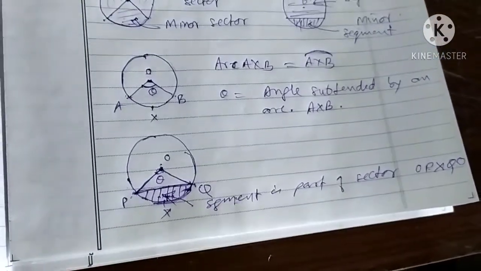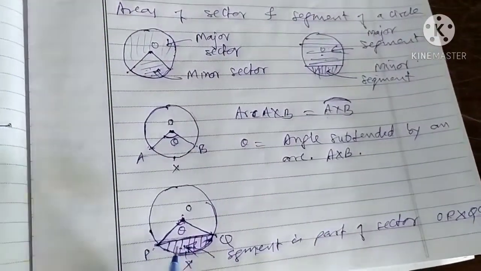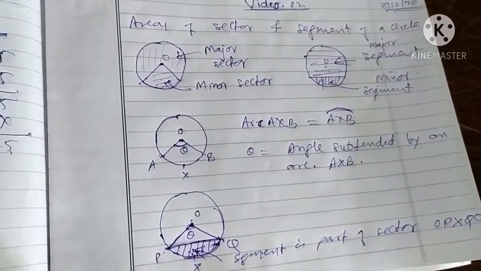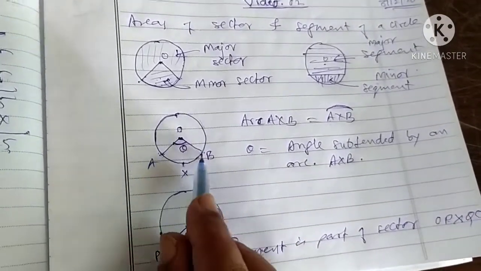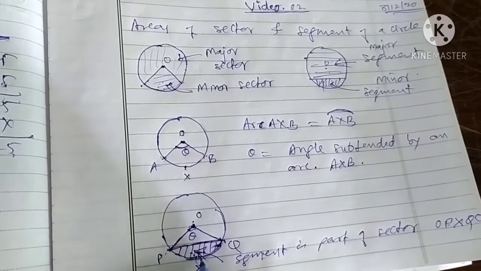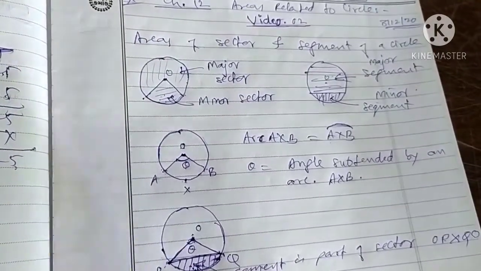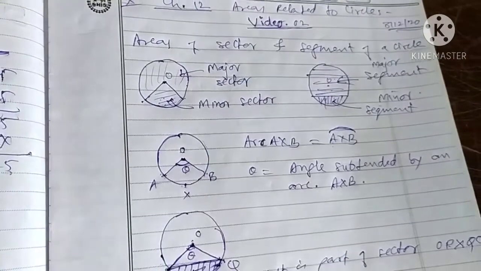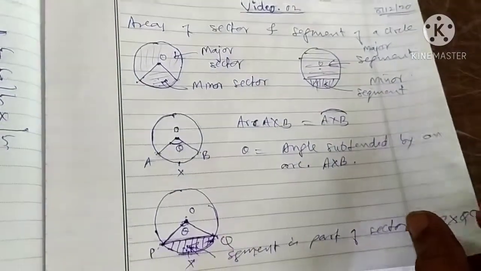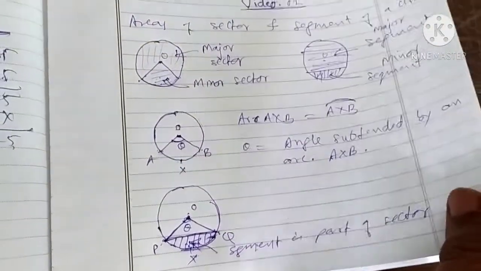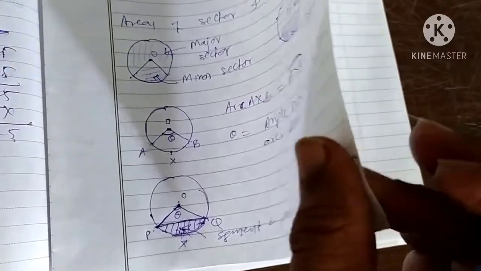So now we will write formulas of area of sector, area of segment, and also see this arc PXQ, arc AXB. If the angle subtended by the arc is known at the center, then we can find the length of this arc also, AXB or arc PXQ. Okay, so we are writing important formulae of this topic, which are required to know before solving examples.